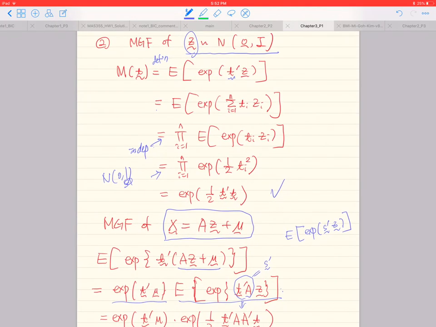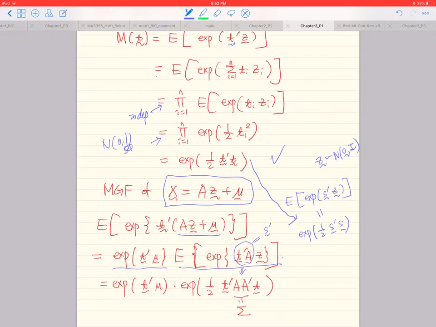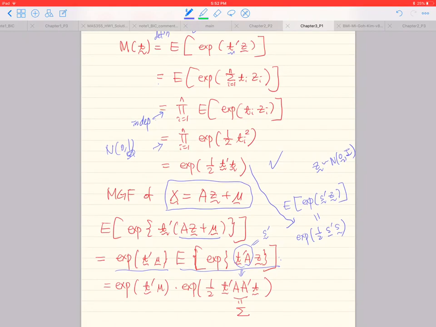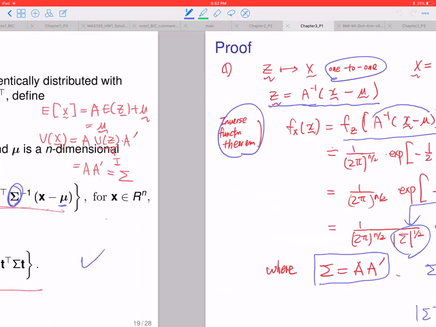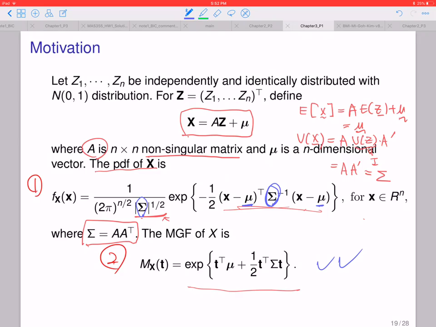We use this result to obtain that this is half S prime S, because Z is a normal random variable with mean 0 and identity covariance matrix. So S prime S is equal to T prime A times A prime times T. And then inside, this guy is already defined to be sigma, so that proves the MGF. Okay, so that's it.